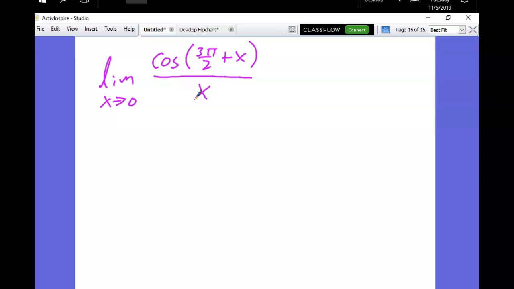Okay, now this one I didn't prep you for. Here we go. Bottom, top.